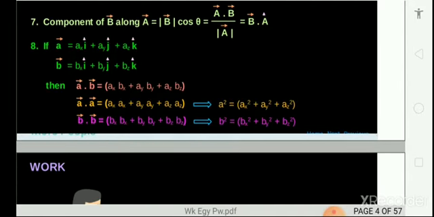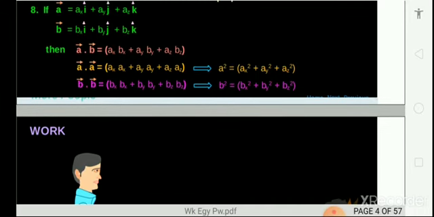All the 3 vectors A, B, C can be represented in 3 dimensions. A square, that is A dot A, will give you Ax square plus Ay square plus Az square. Similarly it can be done for B and C also.